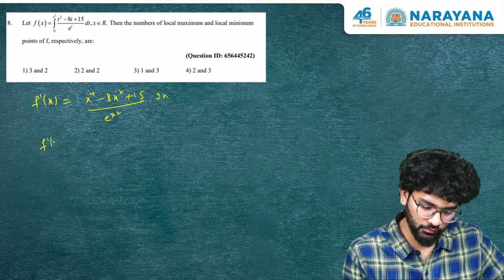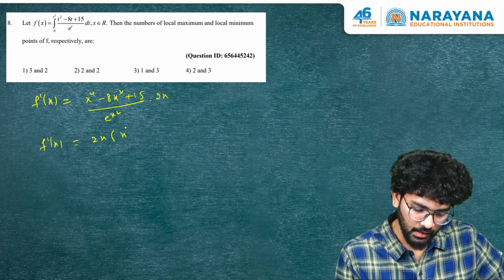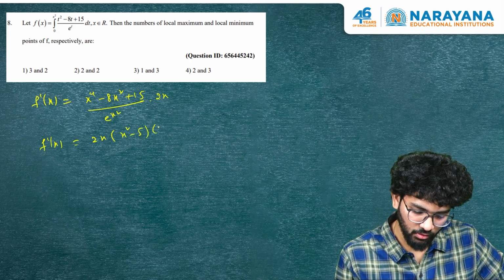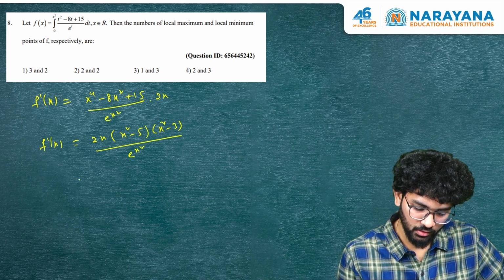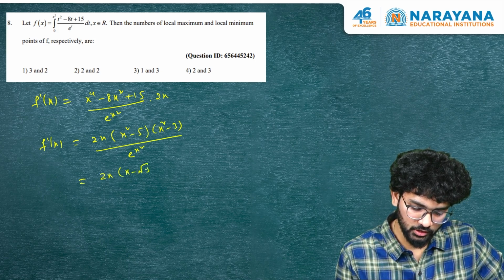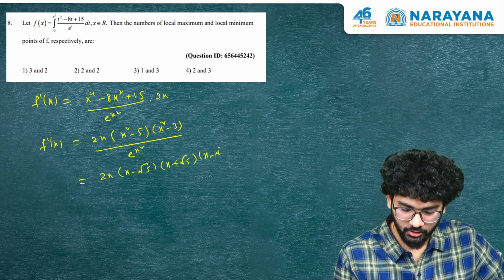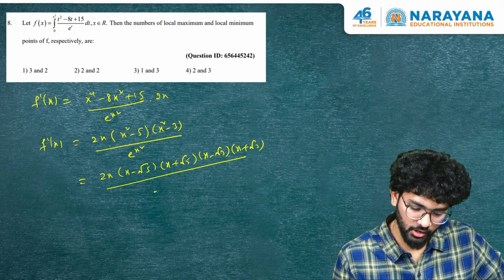If you factorize f'(x), I get 2x (x^2 - 5)(x^2 - 3)/e^(x^2), which equals 2x (x - root 5)(x + root 5)(x - root 3)(x + root 3)/e^(x^2).